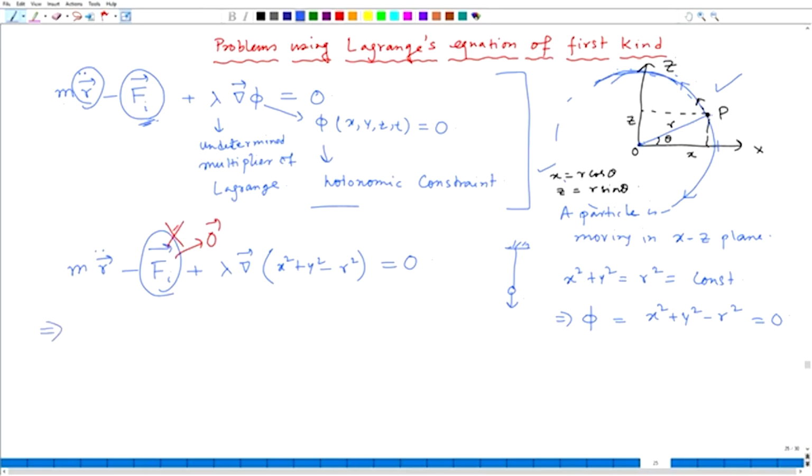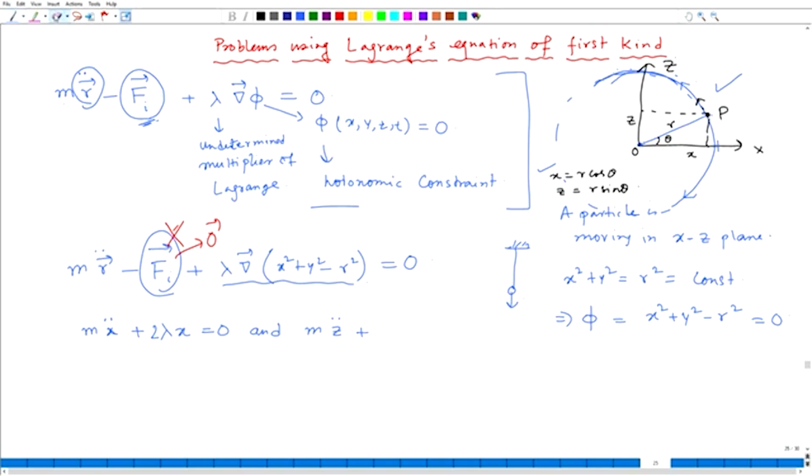Using Cartesian coordinates, I can write m x double dot plus lambda times the x component, which will be 2 lambda x, is equal to 0, and m z double dot plus, I think I have made a mistake over here.